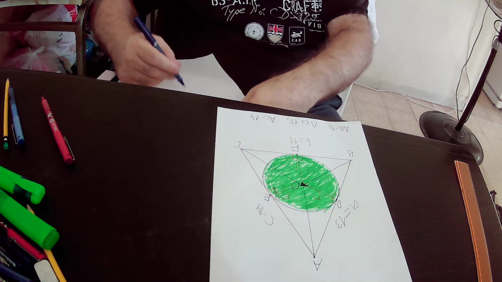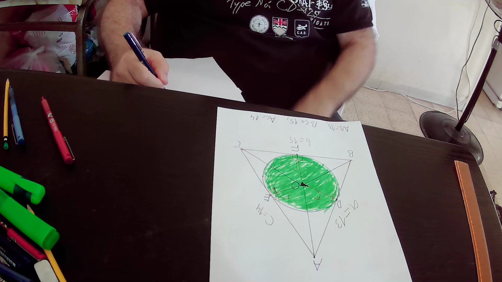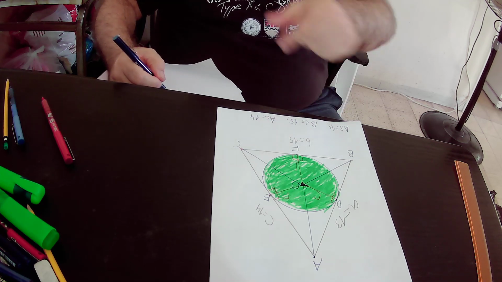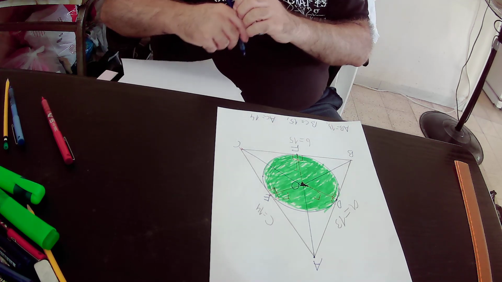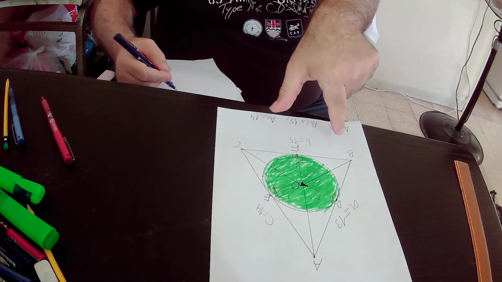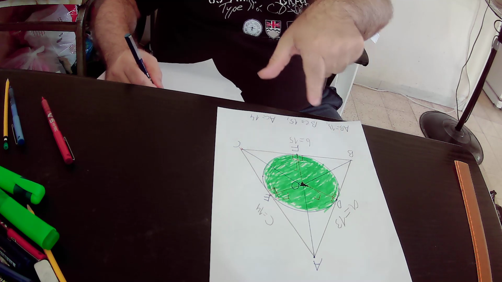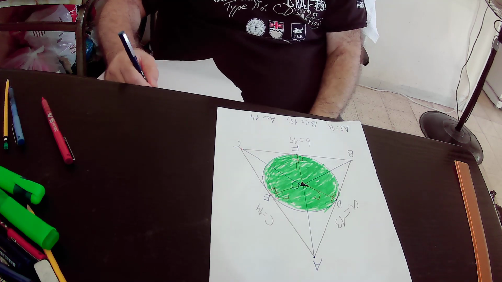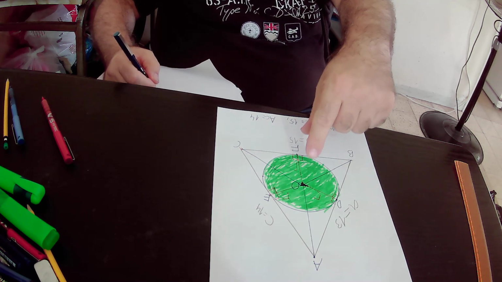And what is the area of triangle BOC? The area of triangle BOC equals the base of triangle BOC, that is actually BC, times the height to the base.